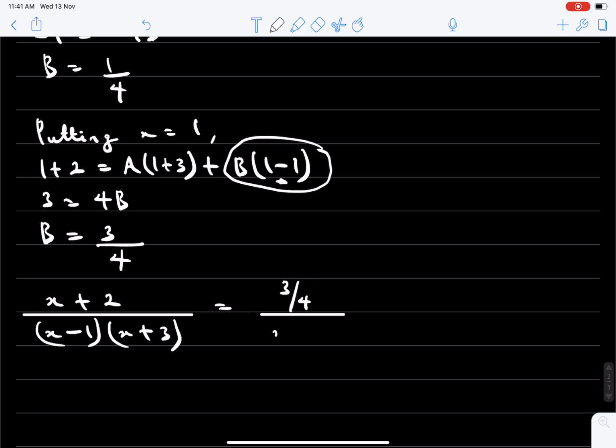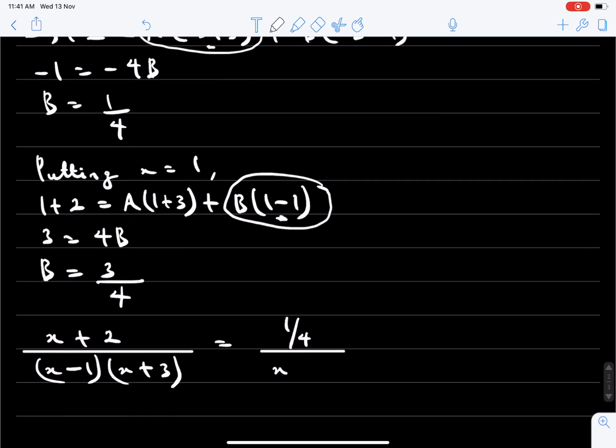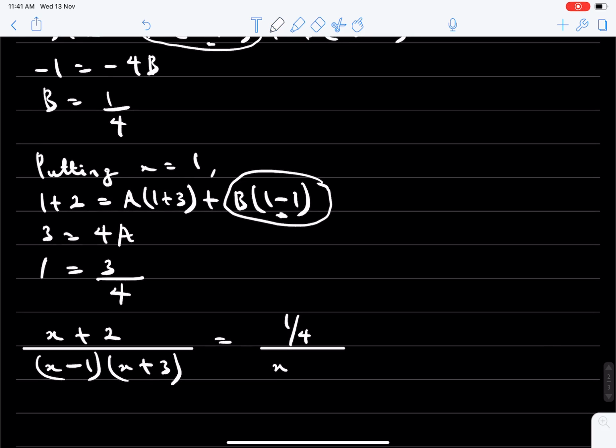Sorry about that, a is 3 over 4, so it is 3 over 4 over x minus 1 plus b, which is 1 over 4 over x plus 3.